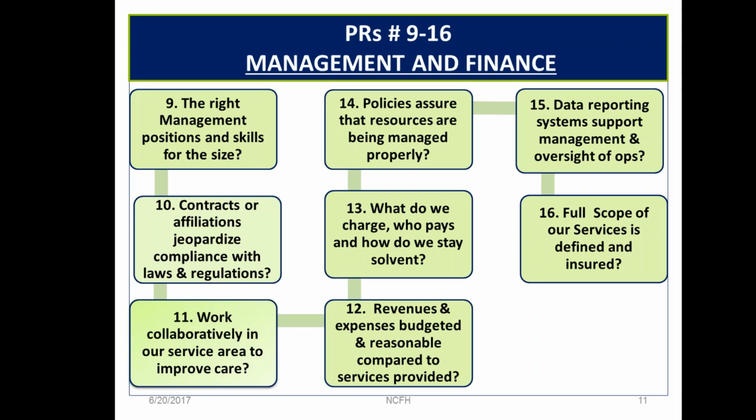Number 10, to make sure that the contracts or the affiliations that the health center has with community providers and community organizations don't jeopardize the health center's compliance with laws and regulations, because you as a health center are responsible for making sure that anyone that serves as an extension of the health center also complies with the same laws and regulations that you are responsible for.